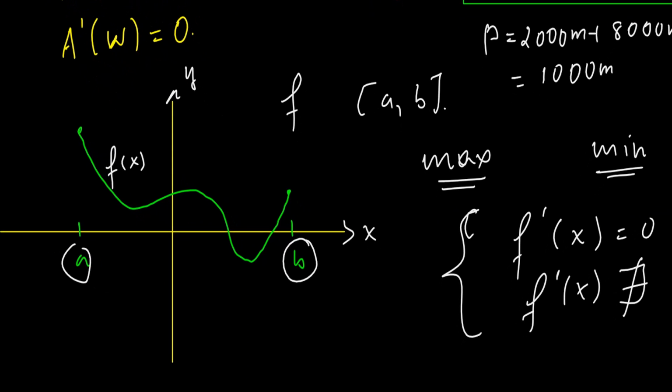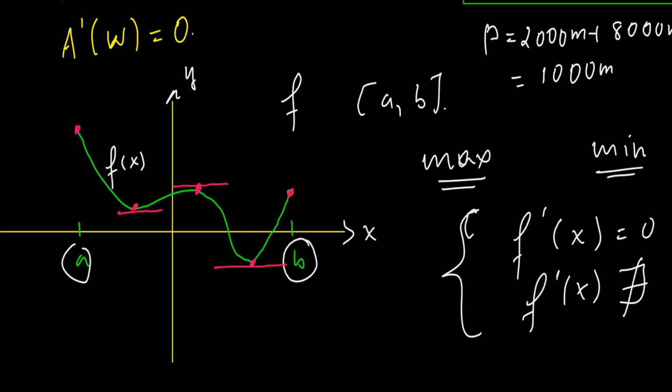So the maximum and minimum values, the extreme values, are obtained either at the critical points or at the end points. This is a calculus application. For example, if we look at this function, you can see here that this is a relative minimum point and this is a relative maximum. At these points the first derivative becomes 0 because the tangent line becomes horizontal. Here also we get a horizontal tangent line.